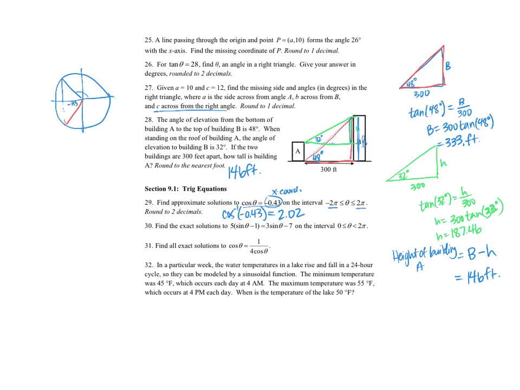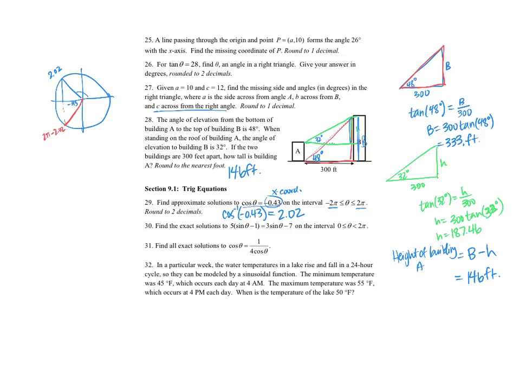Okay, and so what will that one be? So I know that this angle here is 2.02, but this angle here with the red terminal side is going to be 2 pi minus 2.02.